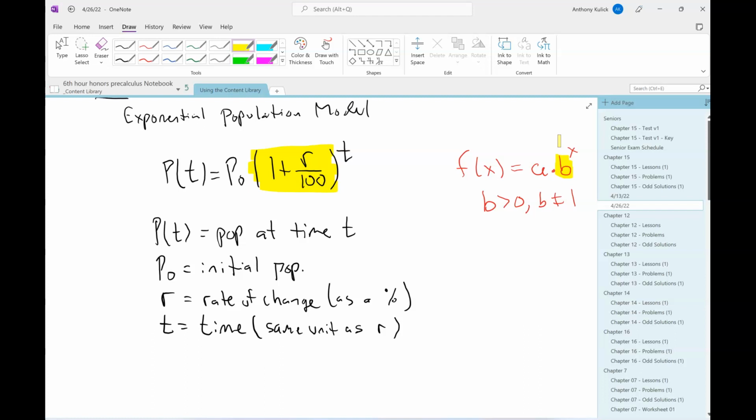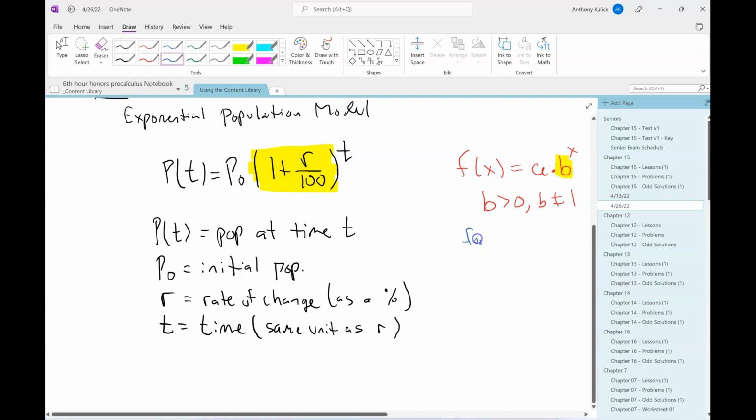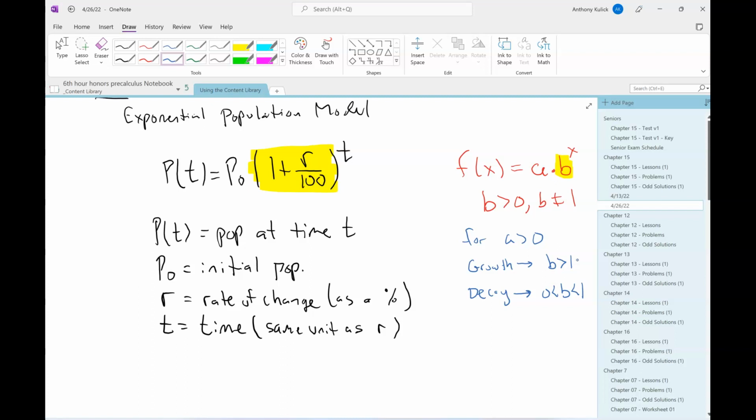Do you remember how we can tell if something is exponential growth or decay? You could tell just by looking at the b. So again, if your b value is bigger than 1, it's exponential growth, and if your b value is between 0 and 1, it's decay.